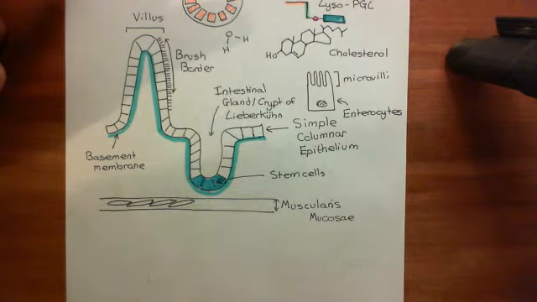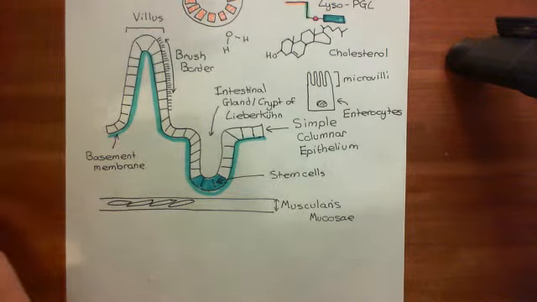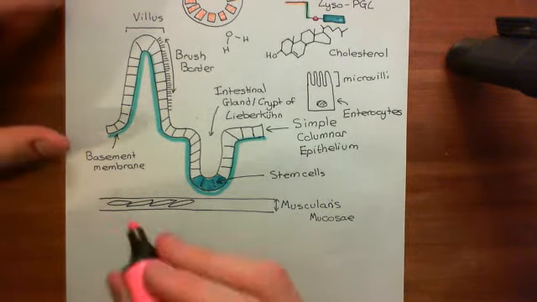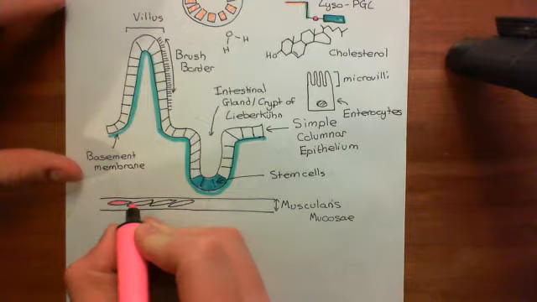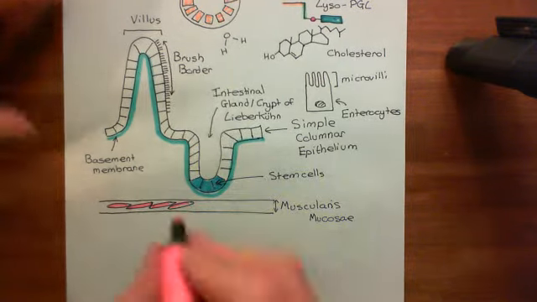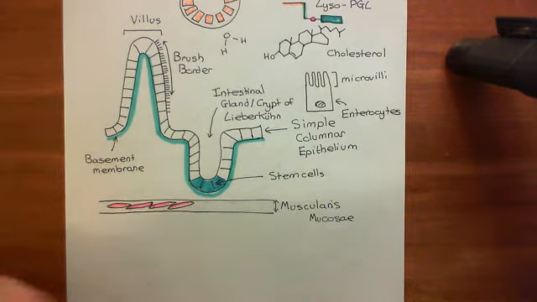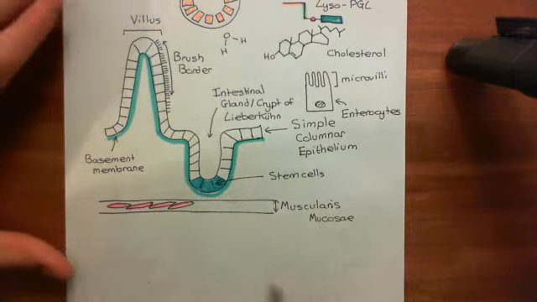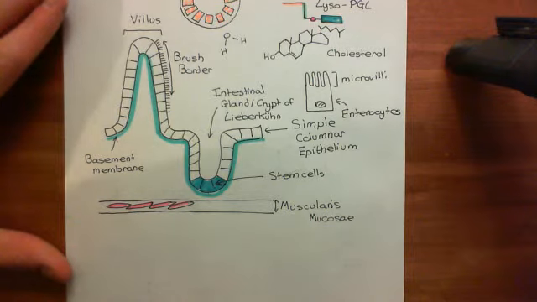Those are called the muscularis propria. So this isn't the main layer of smooth muscle cells surrounding the small intestine, but it is a layer that surrounds the epithelial layer, the closest layer to the lumen. So this is the muscularis mucosae, a thin layer of smooth muscle cells.